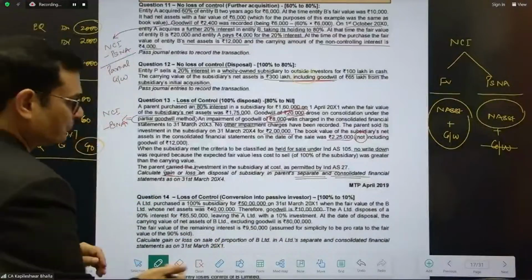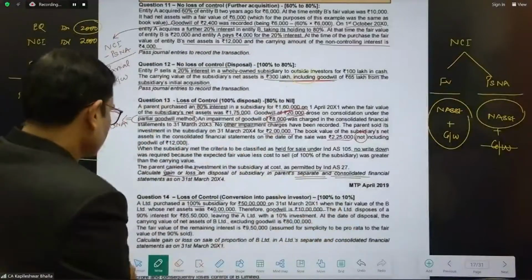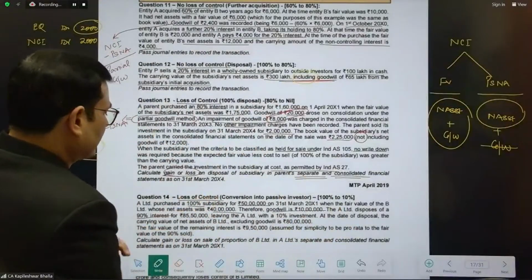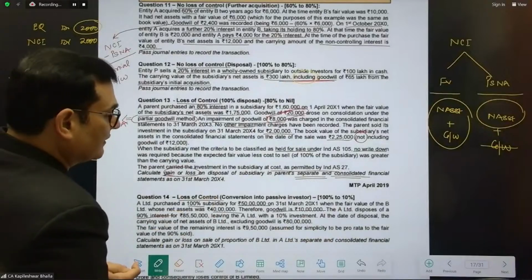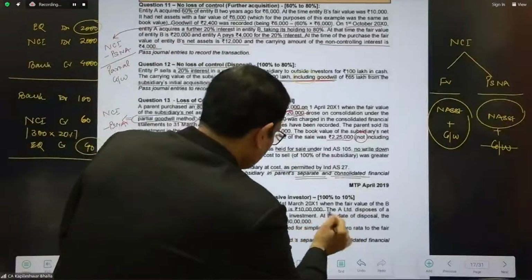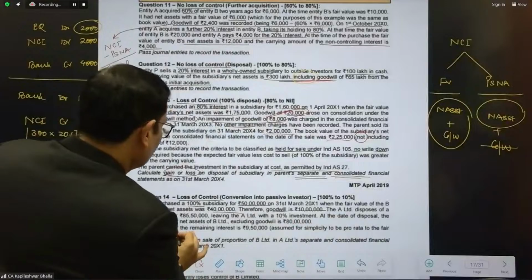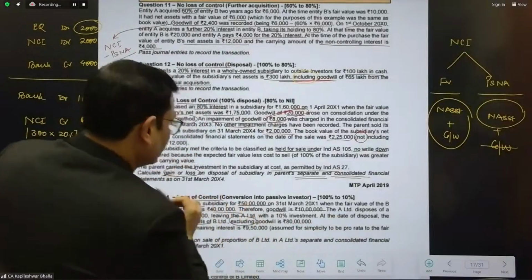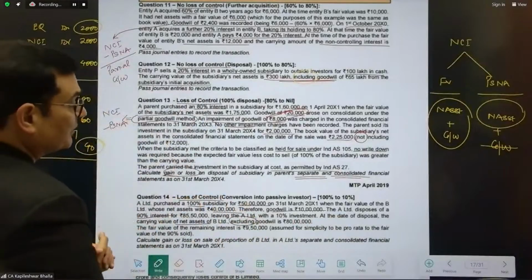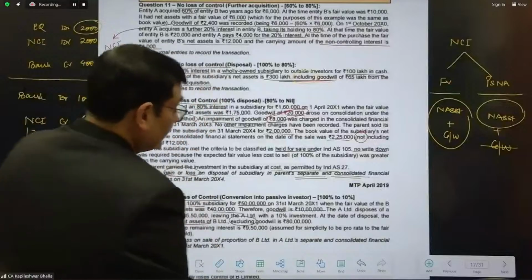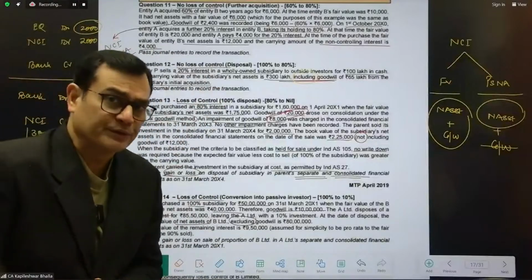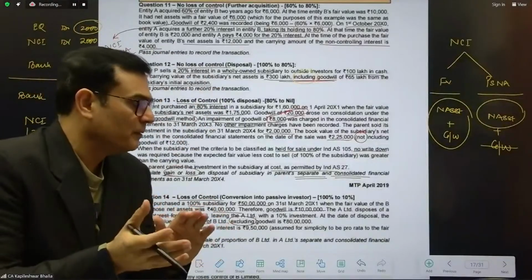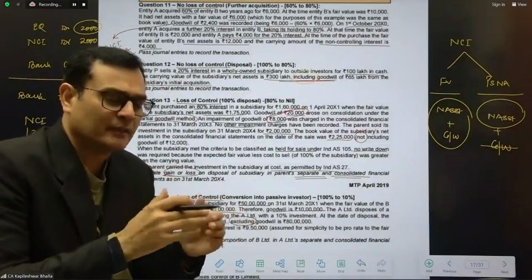There is no NCI. A disposes of 90% interest at so and so, leaving a 10% investment on the date of disposal. The carrying value of the net assets excluding the goodwill is given. It doesn't make a difference to me because there was no NCI, so I am not bothered whether the NCI will be taken at net assets plus or minus goodwill.